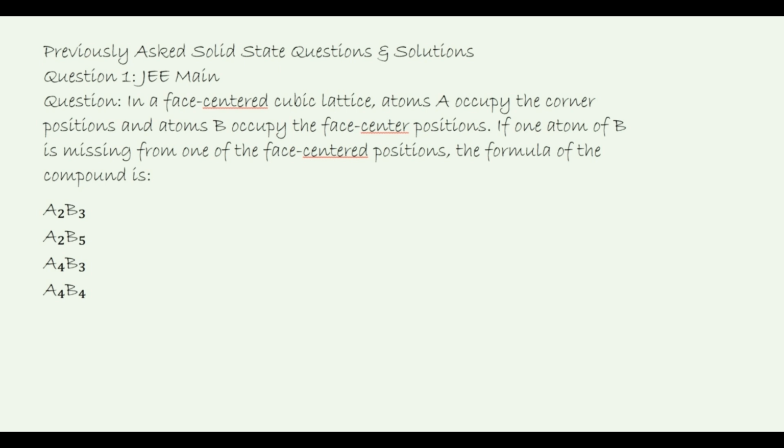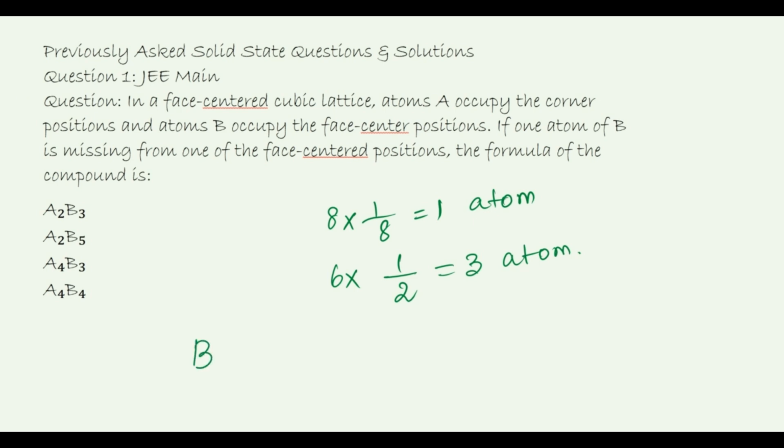First, 8 corners are there, so 8 times 1/8 gives one atom of A. For face centers, 6 faces are there and 1/2 is the contribution, so overall I get 3 atoms of B. They are saying B occupies the face-center position, and one B is missing.